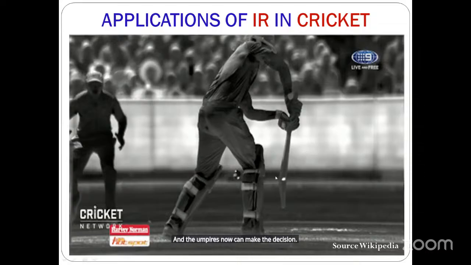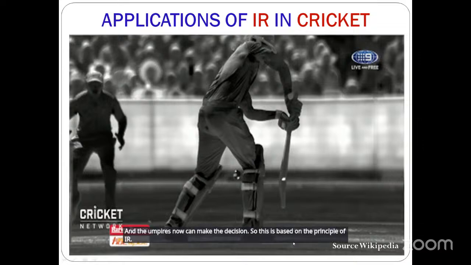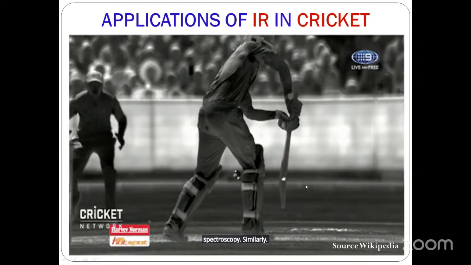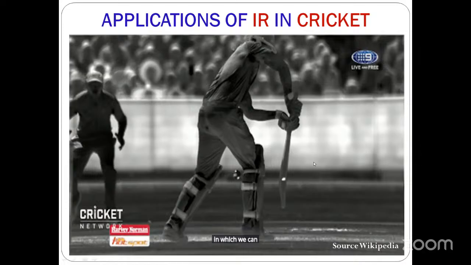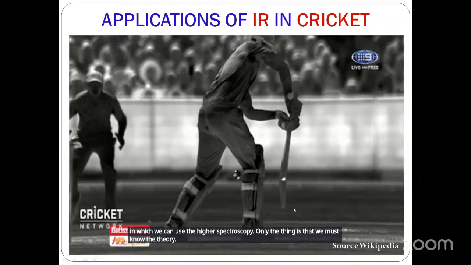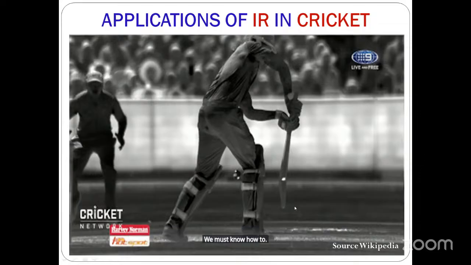So this is based on the principle of IR spectroscopy. Similarly, for night vision also there are applications of IR. There are so many fields in which we can use IR spectroscopy. The only thing is that we must know the theory, and we must know how to apply the technique for our conclusions, for our results.